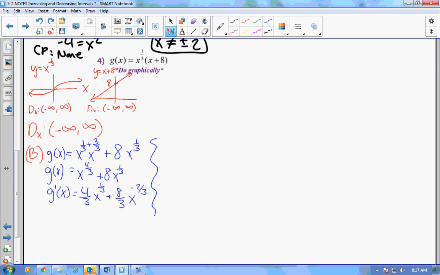Oh yeah, you can. Product rule also asks for a specific form. G prime of x, first. G last, what's the derivative of x plus 8? 1. Plus last, G first, the derivative of x to the 1/3 power is 1/3 x to the negative 2/3.